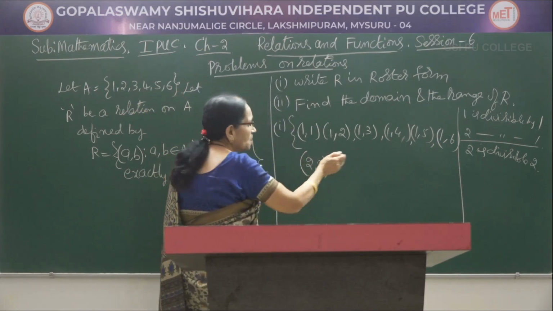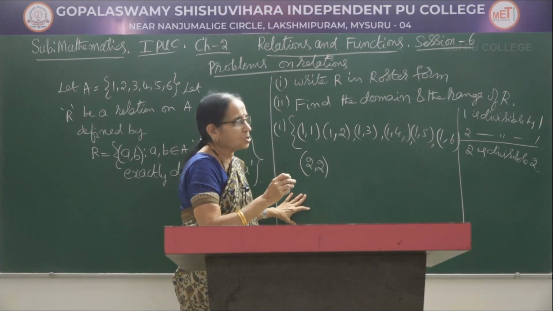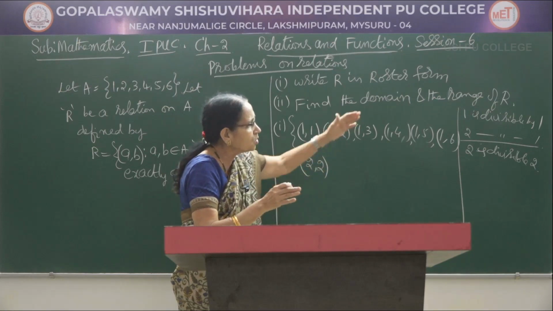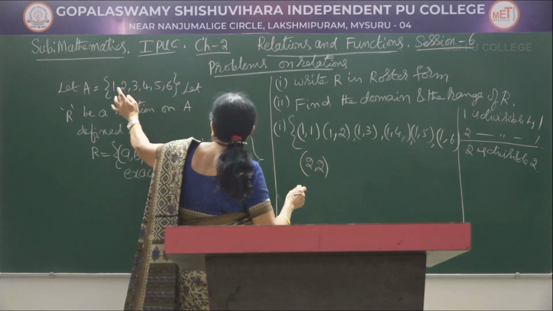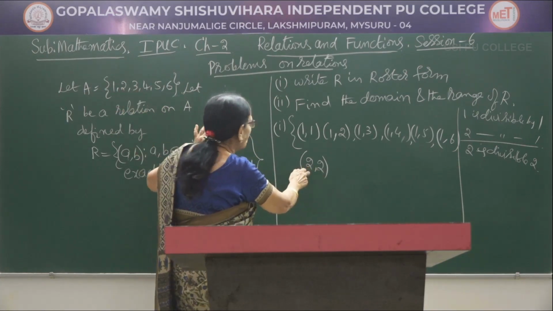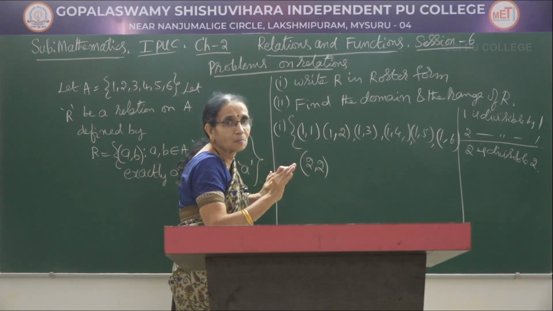See, this can be expected for a 2 or 3 mark question, so you have to solve the problem within 3 or 4 minutes. So, don't do all the calculation. Looking at the numbers carefully, you can do it. Combine 2 with 2: 2 divides 2, or the second number 2 is divisible by 2. (2, 3) you cannot take, because 3 cannot be divided by 2.